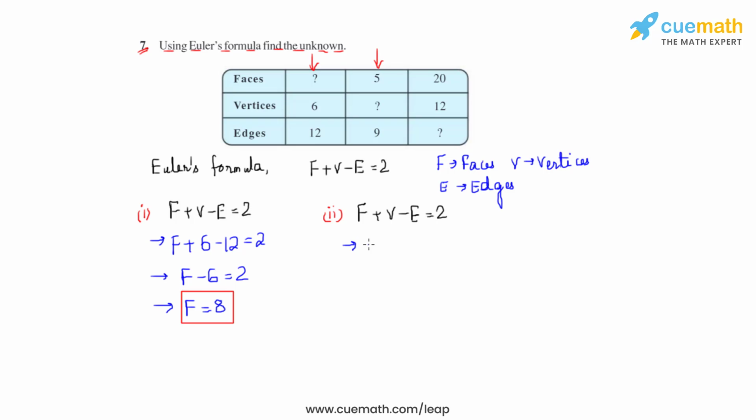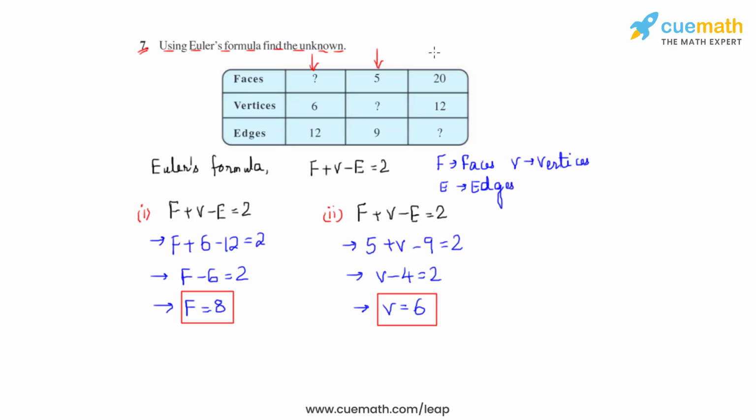So we'll substitute the faces, which is 5. Vertices is unknown, so 5 plus v minus 9 is equal to 2. If we solve the left hand side, we'll get v minus 4 is equal to 2, and at the end we'll get v is equal to 6. So we've got the number of vertices. The number of vertices is 6 in the second column.